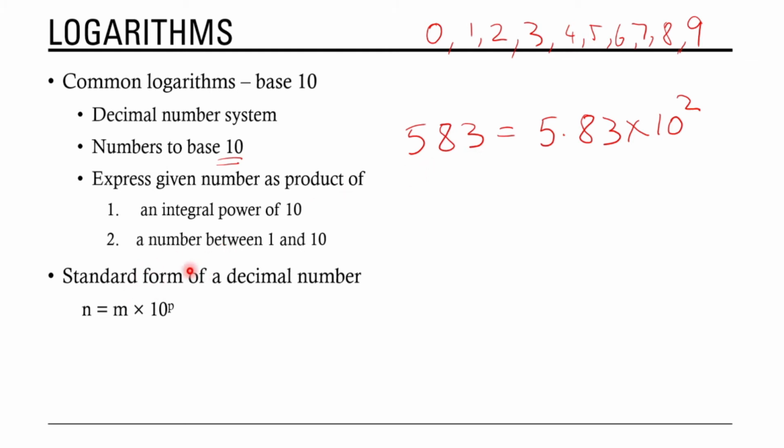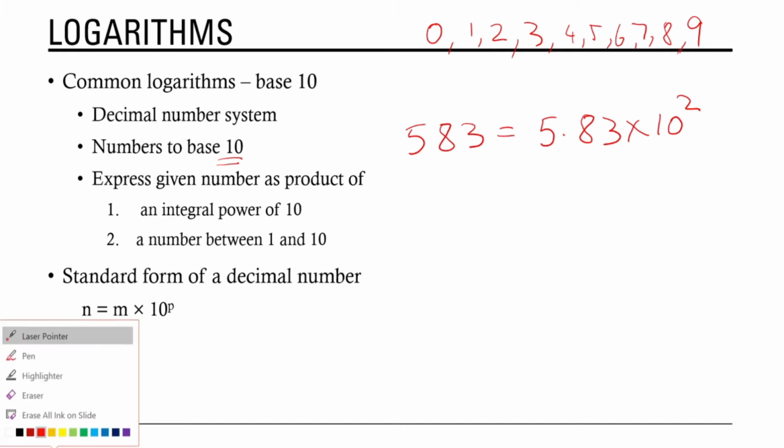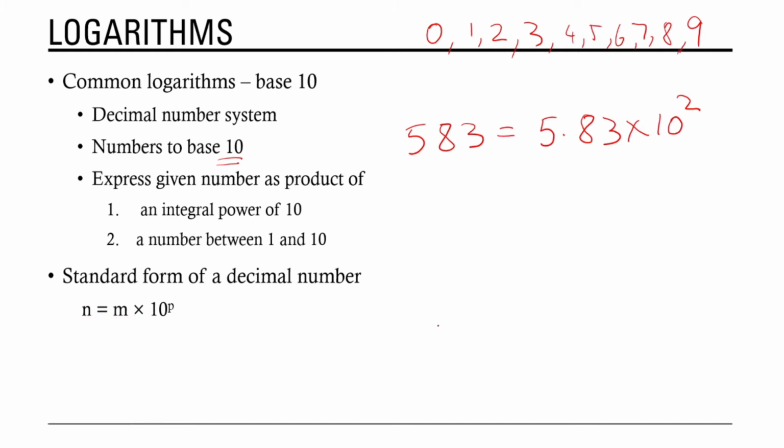This is called the standard form of a decimal number. So, the standard form of a decimal number n is equal to m into 10 raised to p, where the value of m lies between 1 and 10. We can write any decimal number in this form. We can even write fractions. For example, we can write 0.0021 as 2.1 into 10 raised to minus 3.